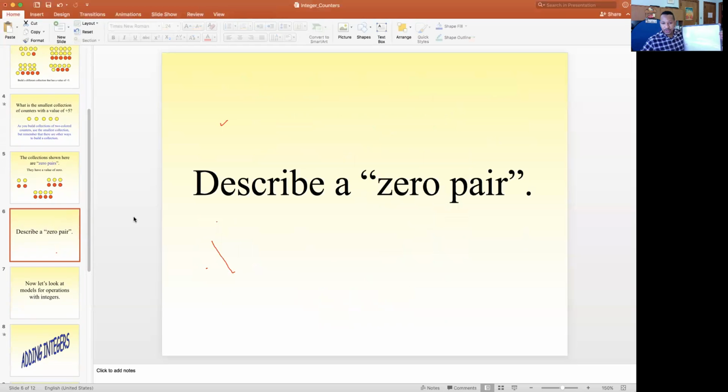So a 0 pair is an equal number of yellow and red counters, or a positive and negative number that sums to 0.